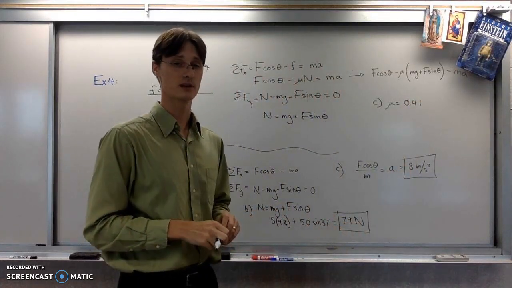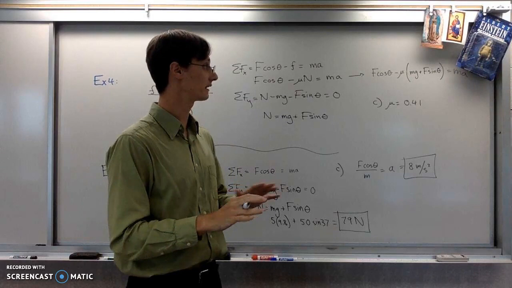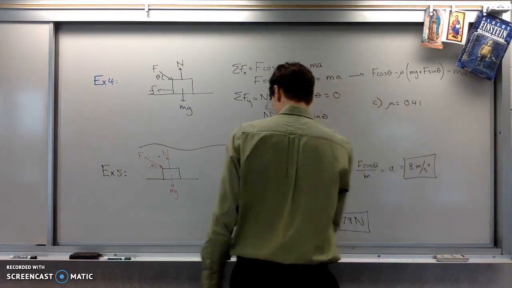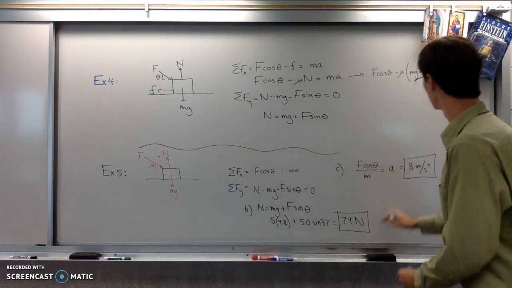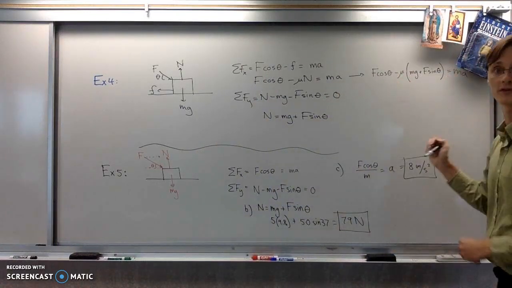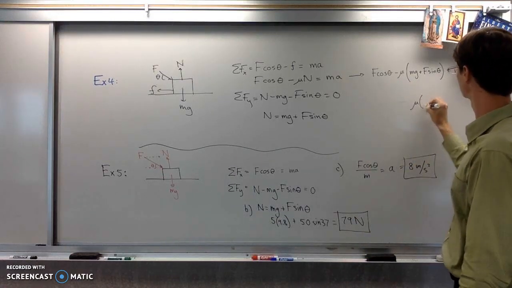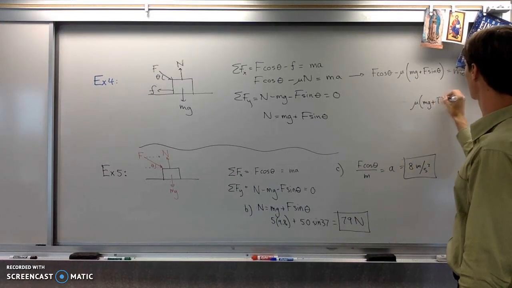What the algebra would go like if you were doing this completely symbolically, though, would be something like this. I want to move the mu stuff over to the other side, so over there we'll have mu times the quantity mg plus f sine theta.